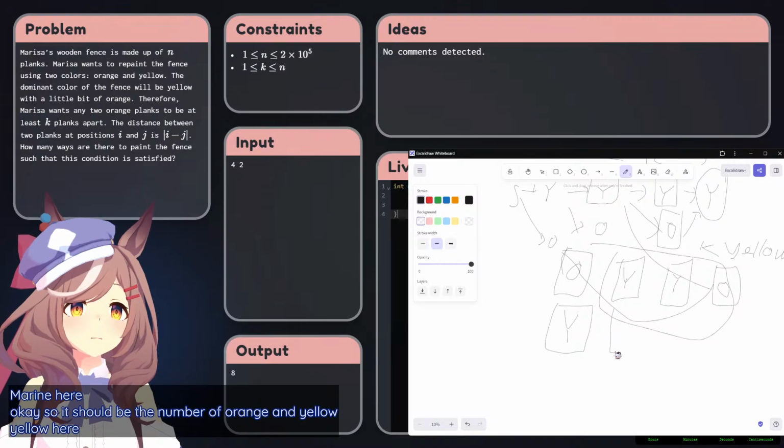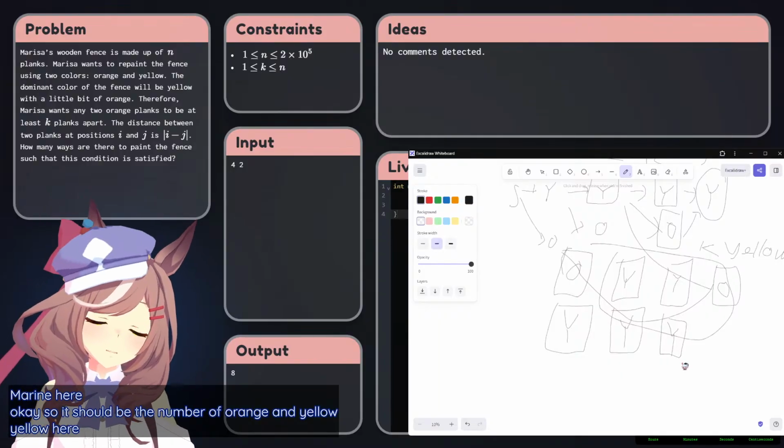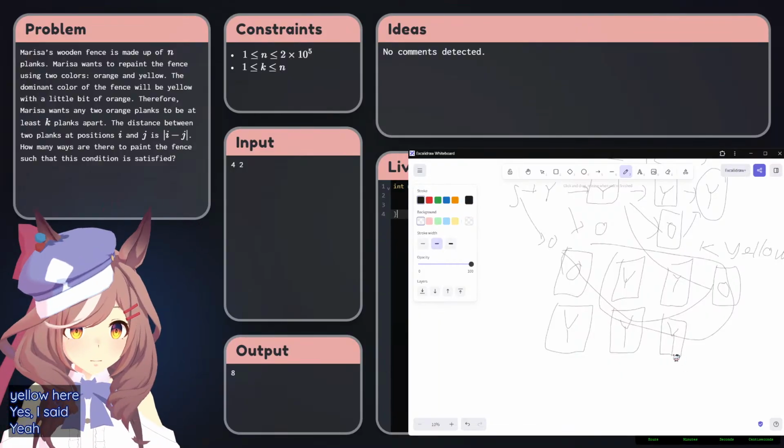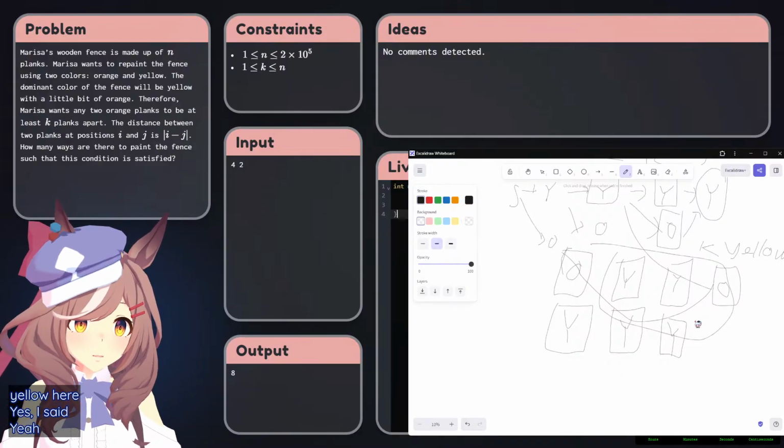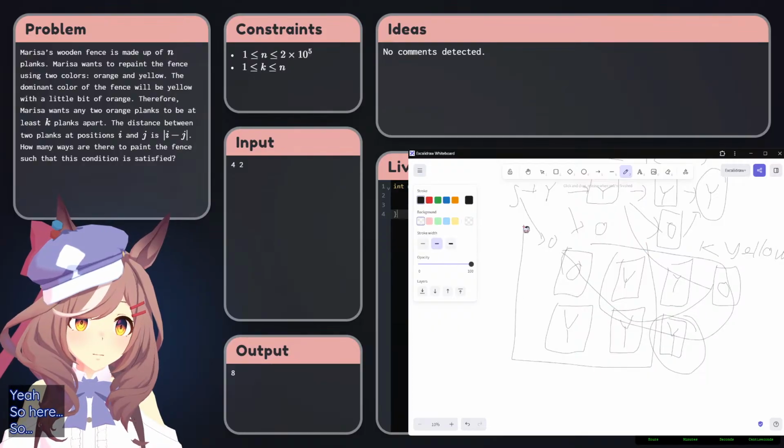And here must be yellow, and must also be yellow. So it is possible.